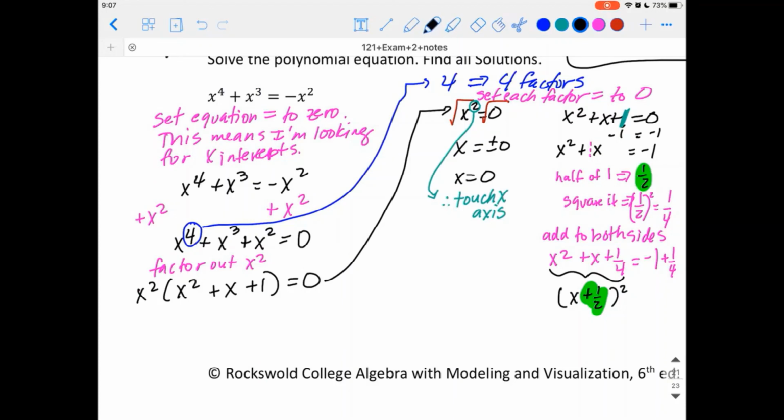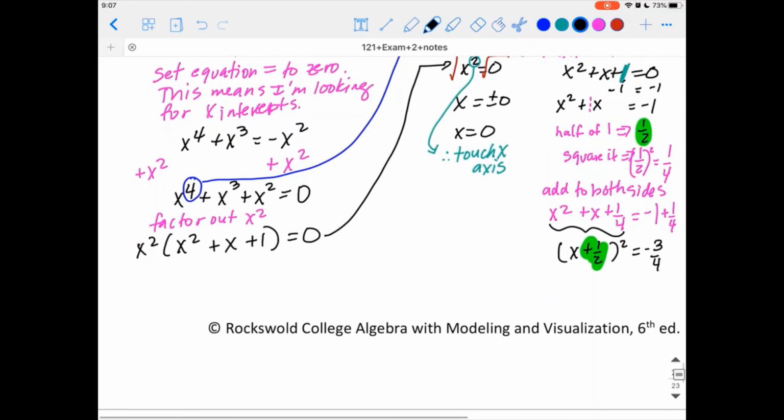And it's going to be equal to negative 1 plus 1/4, so negative 4/4 plus 1/4 is negative 3/4. Here on this one, again, I want to solve for x. So I'm going to take the square root of both sides to get rid of the squared again.